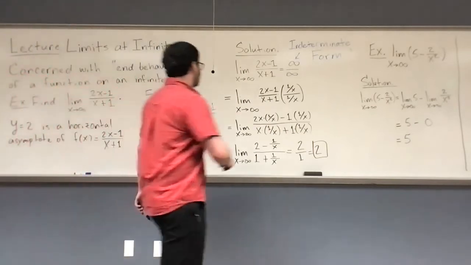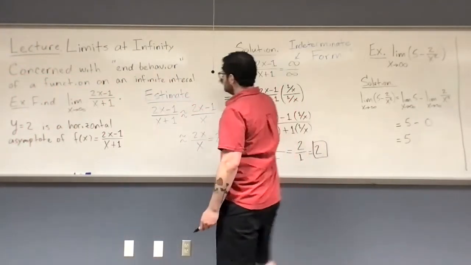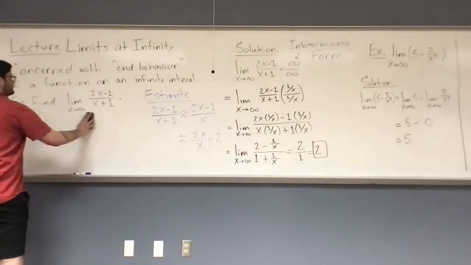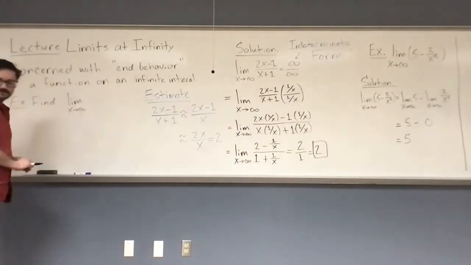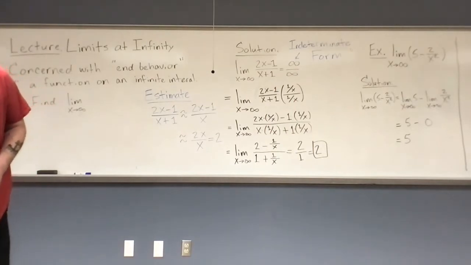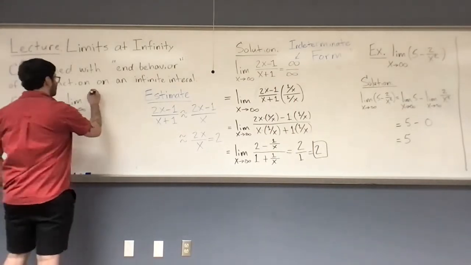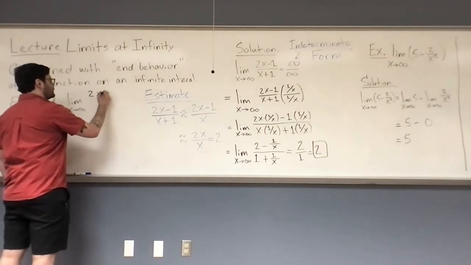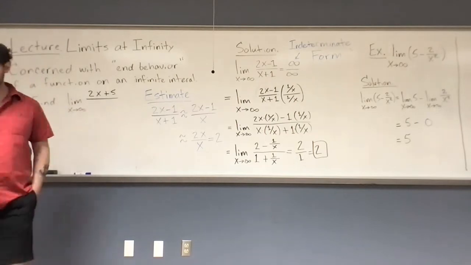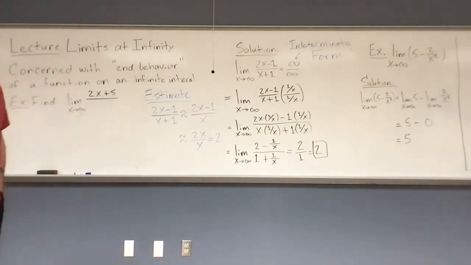So find the limit as x tends towards infinity of, say, 2x plus 5 all over 3x squared plus 1.